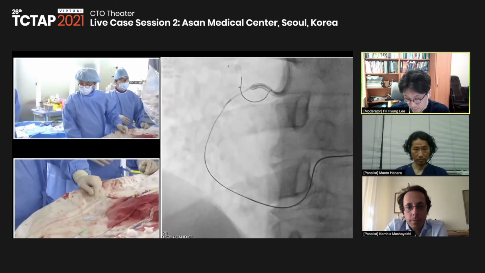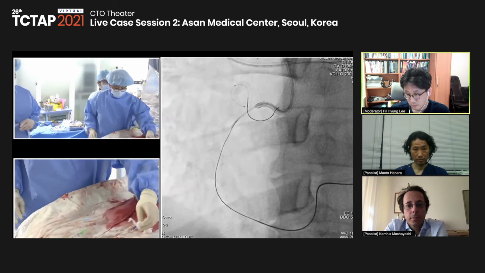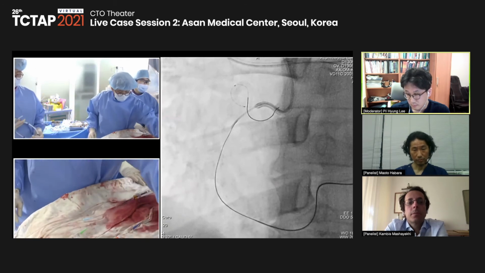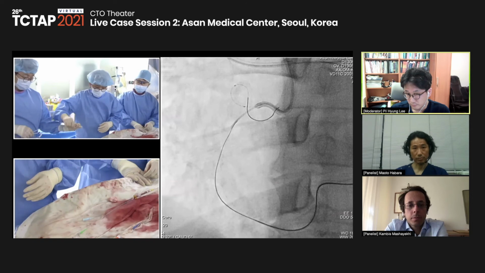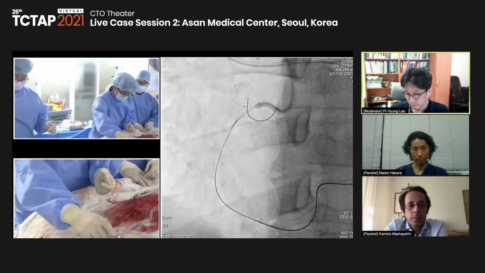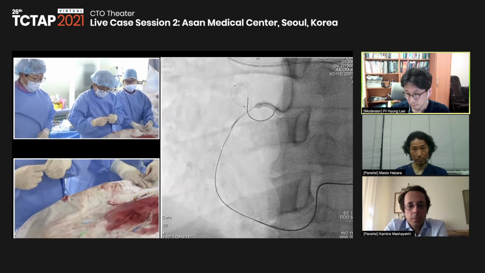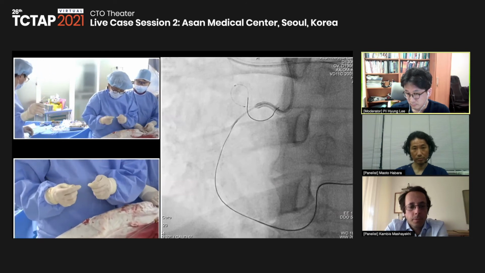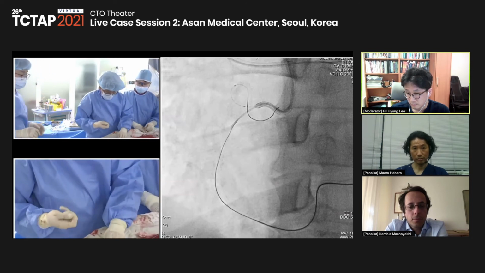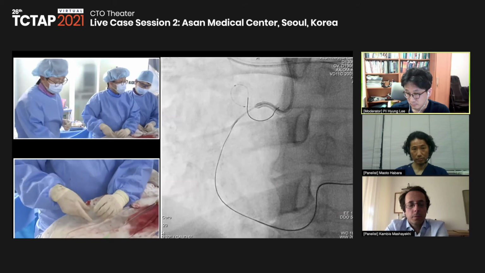I'm going to change my wire to a Gaia Third, which is more controllable and has a better tactile sense, so I can assume where my antegrade wire is.